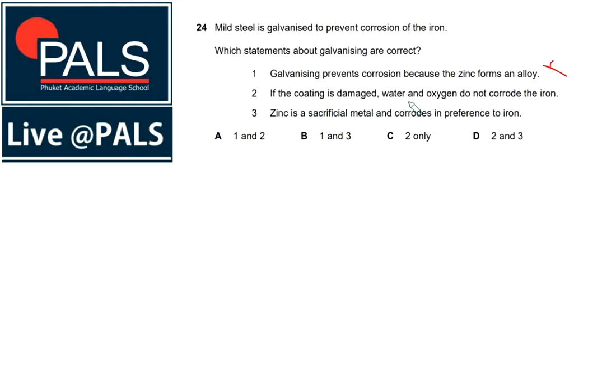If the coating is damaged, water and oxygen do not corrode the iron because the zinc corrodes first. So this one is correct. Zinc is the sacrificial metal and corrodes in preference to iron because it readily reacts with oxygen. So the correct answer is letter D.